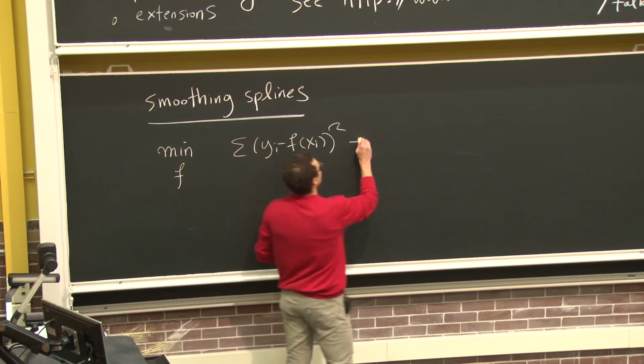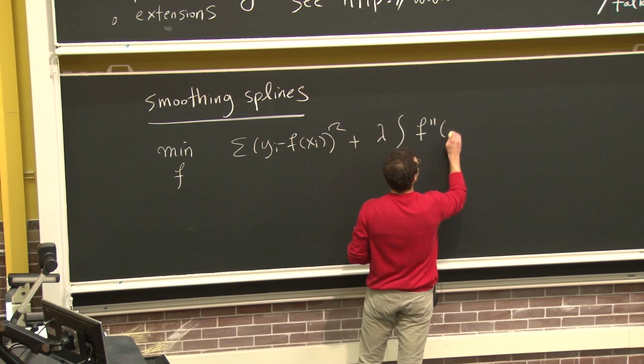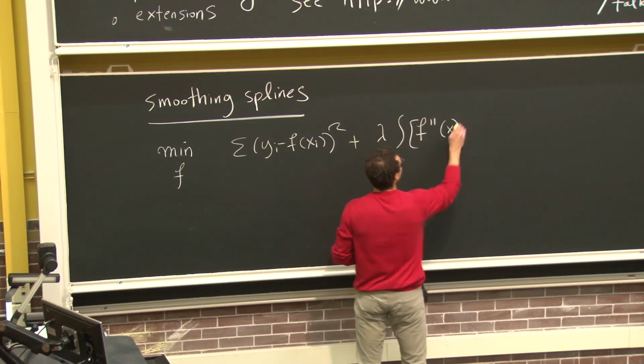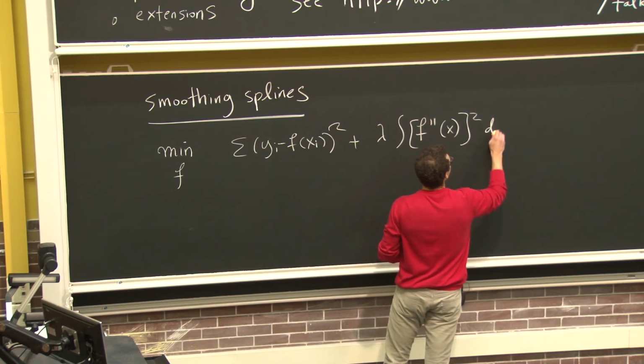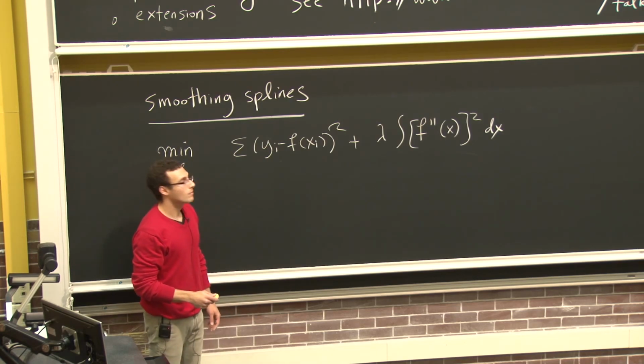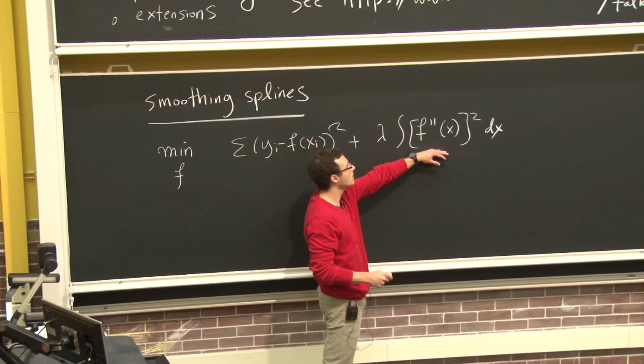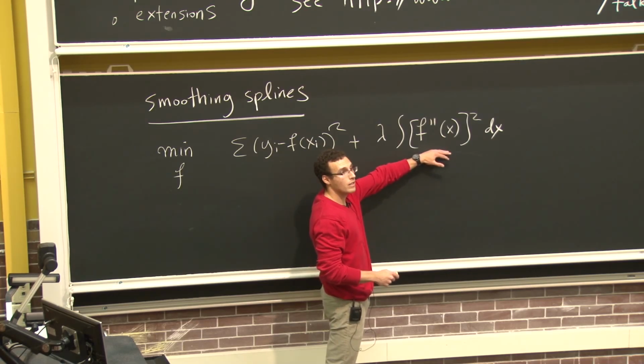But then smoothing splines add this second part, which is a roughness penalty or a complexity penalty on the function f, which is I look at the second derivative of f, I square it, and I integrate it across the entire domain of the x's, and I use that as a penalty.